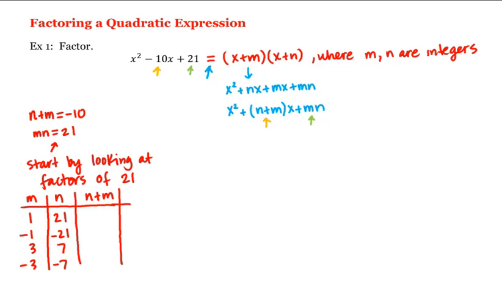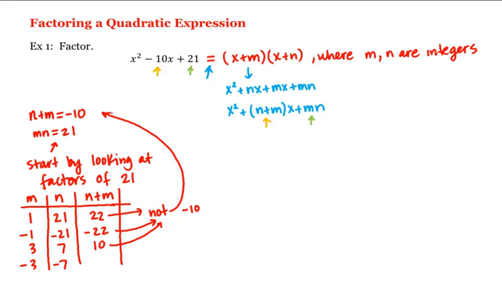When we add these values together, 1 plus 21 is 22. This is not negative 10 that we're looking for. Negative 1 minus 21 is negative 22. It's also not negative 10. 3 plus 7 is positive 10, so it's not negative 10.